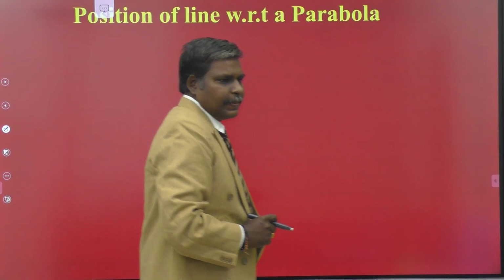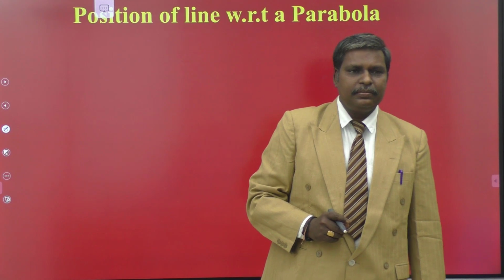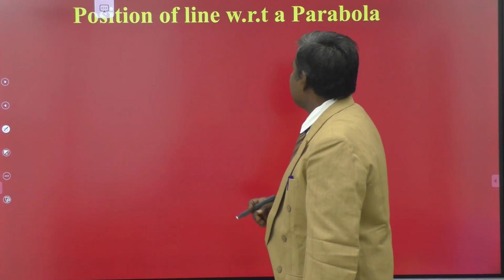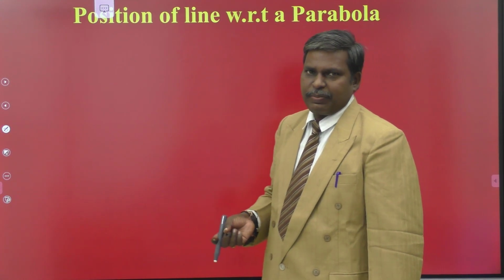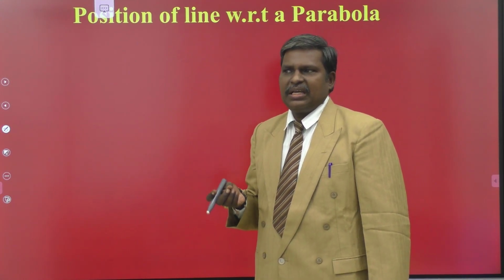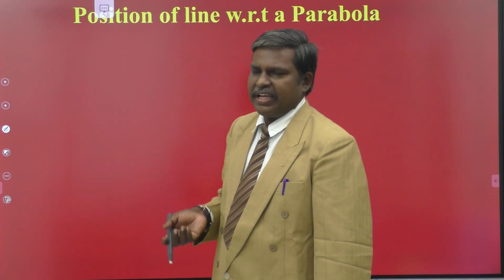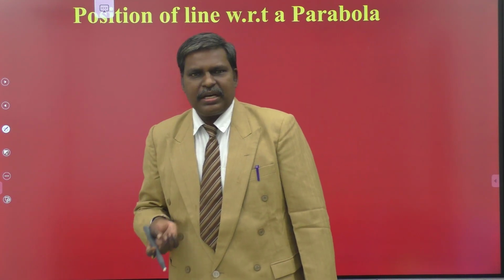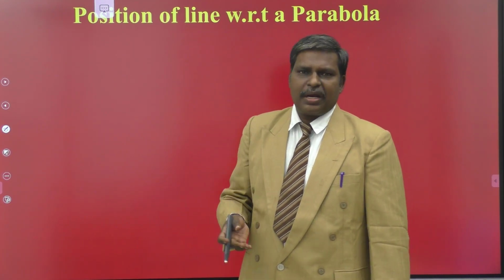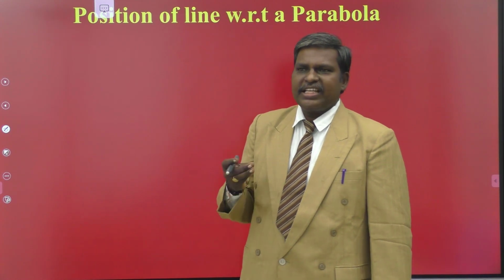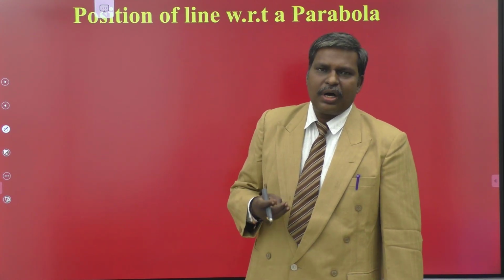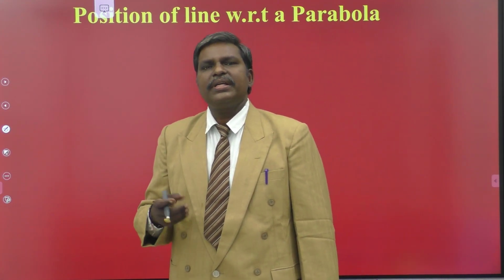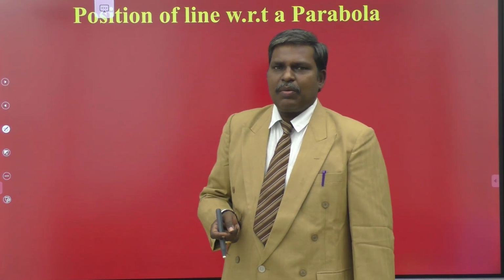Next concept, position of line with respect to parabola. Already we discussed the position of a point with respect to the parabola. Some point is there in the parabola plane that may be outside or inside or on the parabola according to S11 greater than 0 outside, S11 is equal to 0 on, S11 less than 0 inside of the parabola.